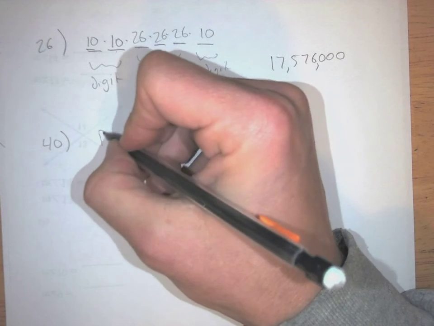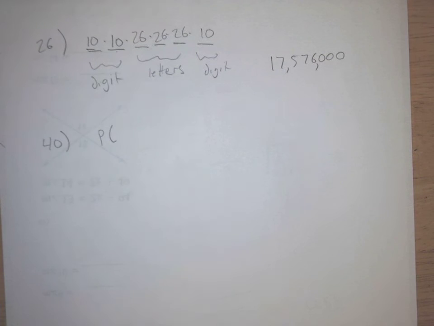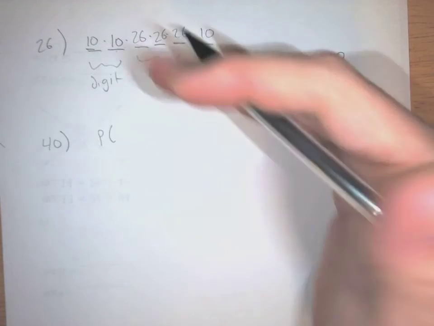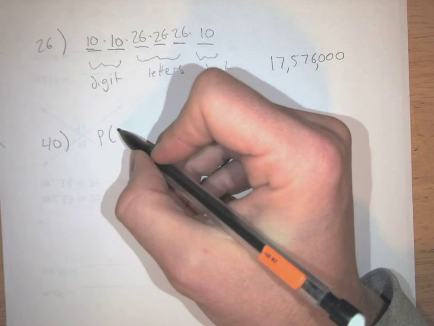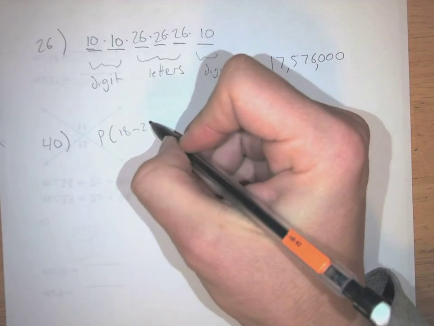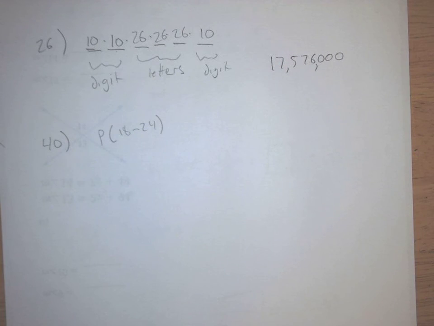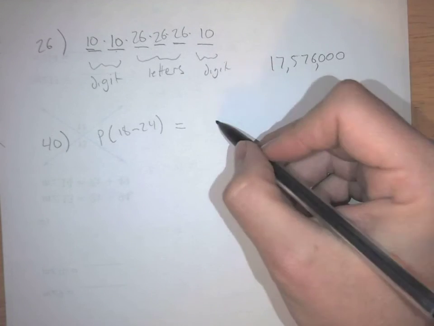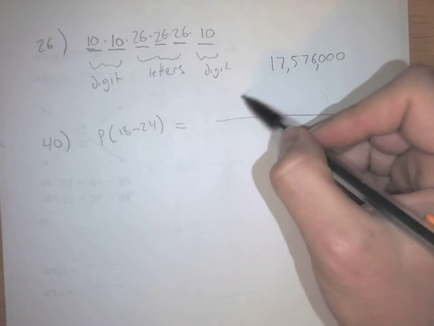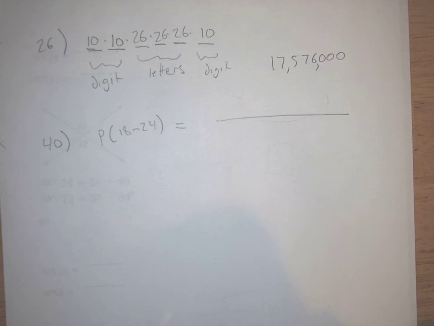So what we're looking for is the probability that we picked somebody from this group, this college group. So we're assuming that they're in college. But what we want to see is, if we picked from this group of all these people that are in college, what's the probability that we got somebody in this age range? Okay. So what we need to do is figure out how many different ways there are to pick somebody in this age group.